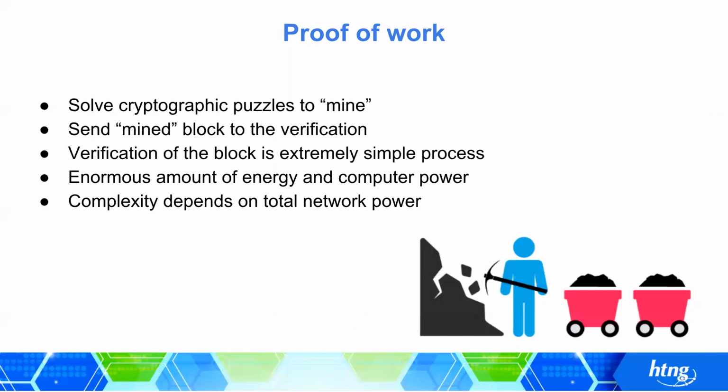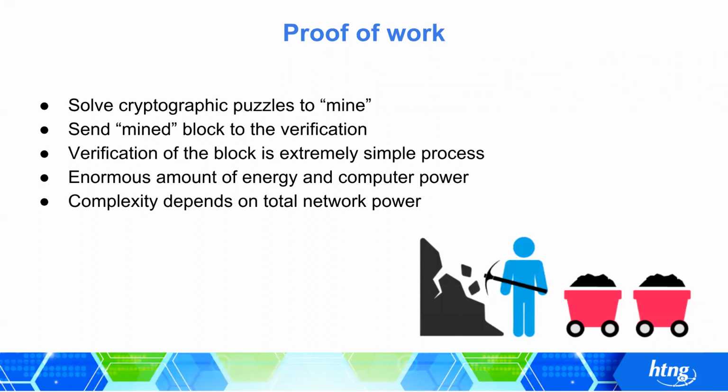The main idea in proof of work is that miners, specific nodes, are involved to mine new blocks, like preparing and solving a cryptographic puzzle to earn the right to package transactions into the block and apply it to the blockchain network.